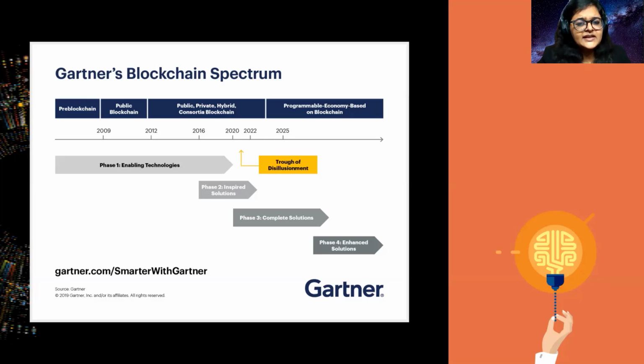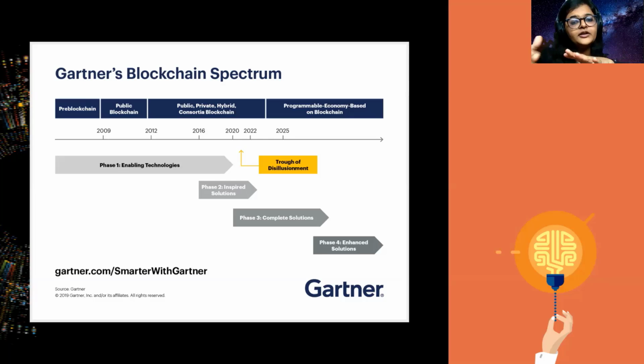Post 2016, there were a lot of solutions inspired by the concept of blockchain. And as we speak today, we are in a trough of disillusionment. That is, we are trying to find a lot of real use cases and experiment if they work well with our current industry scenario or not.